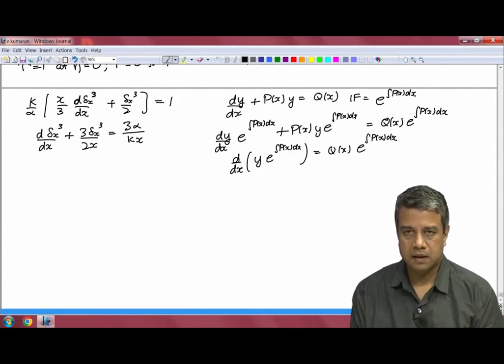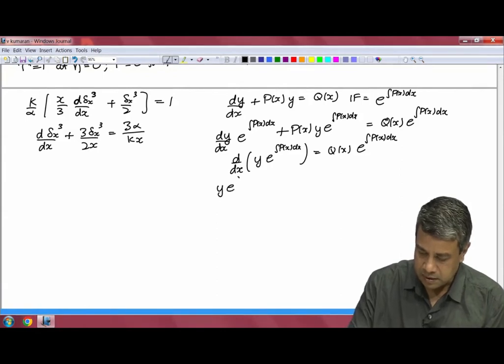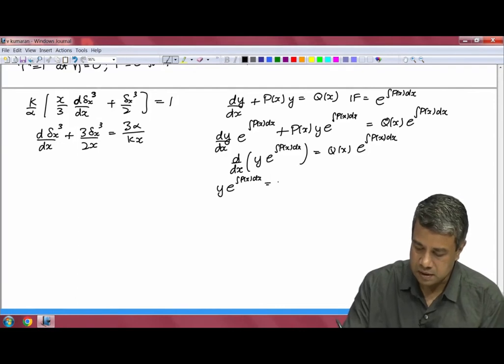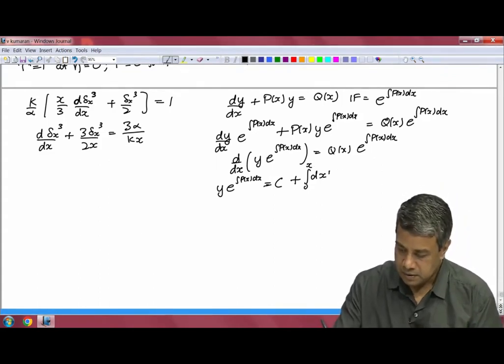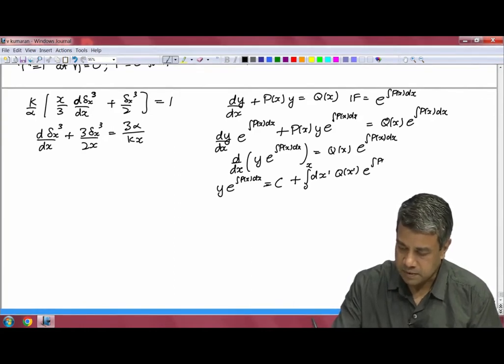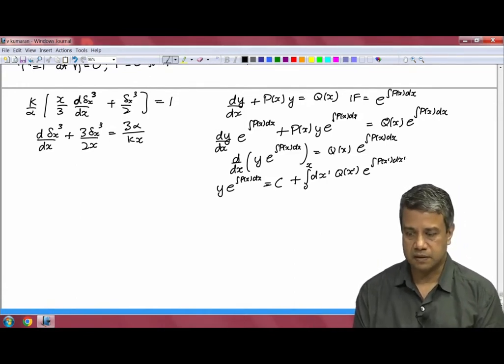And I can integrate this one time to get y e power integral p of x dx is equal to an integration constant plus integral dx prime between 0 to x of q of x prime e power integral p of x prime dx prime. Once again writing it as the antiderivative, not as a definite integral.